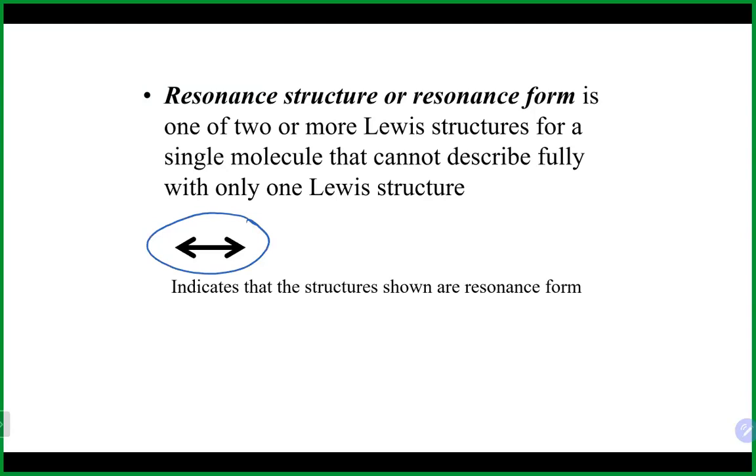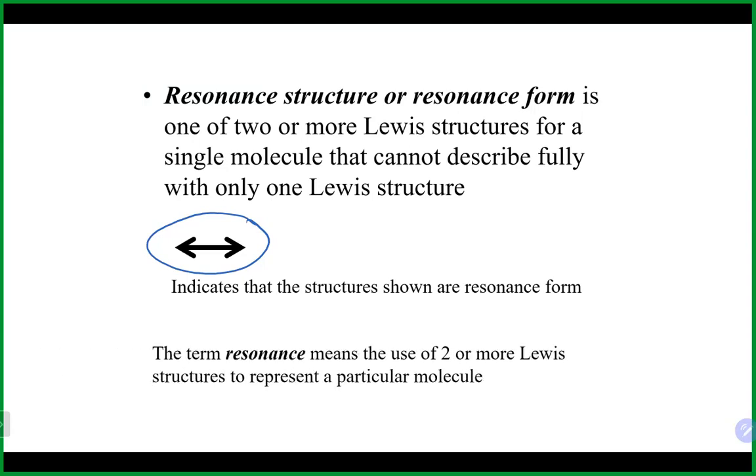And the real reason we draw resonance structures is one structure doesn't adequately describe what's happening in terms of the bonding. So we can draw multiple structures. They are all equivalent to each other, like we saw with, I think we did nitrate and also SO2 as well. So here's some examples.